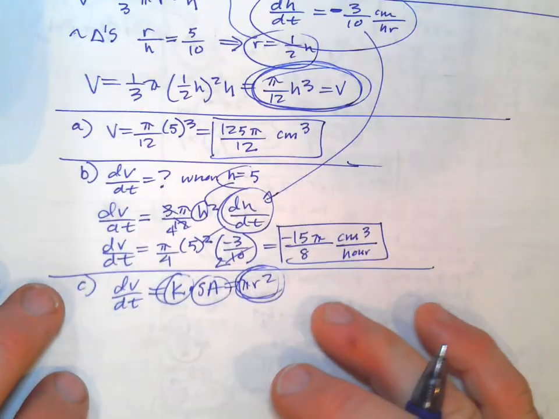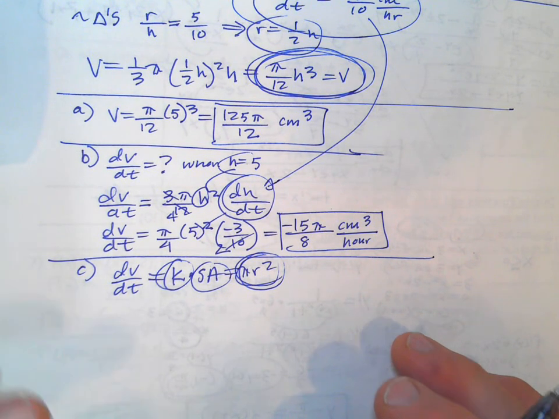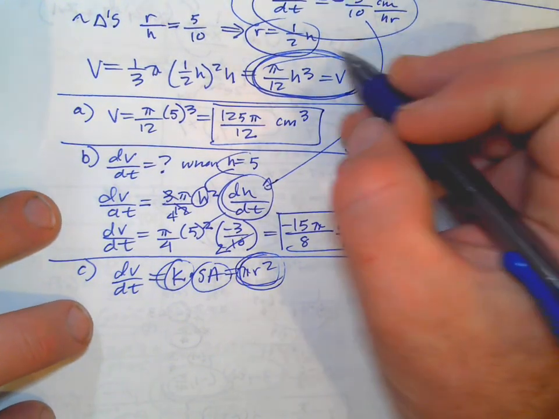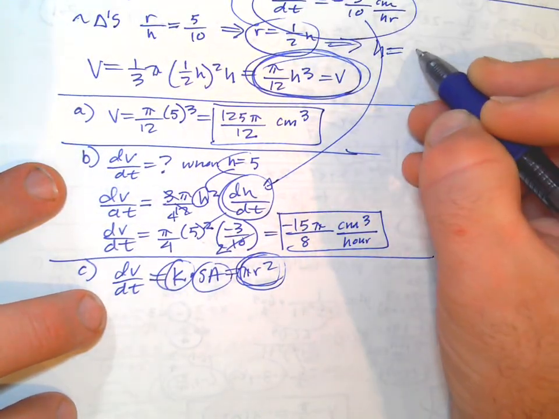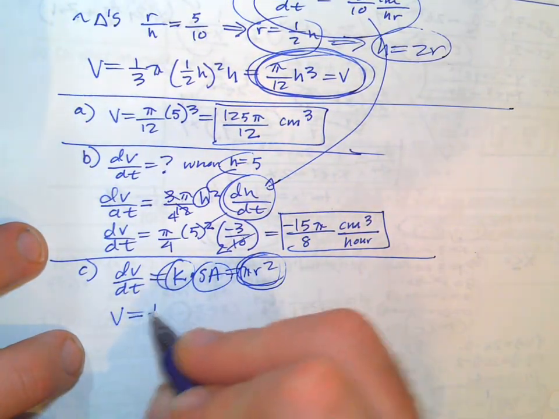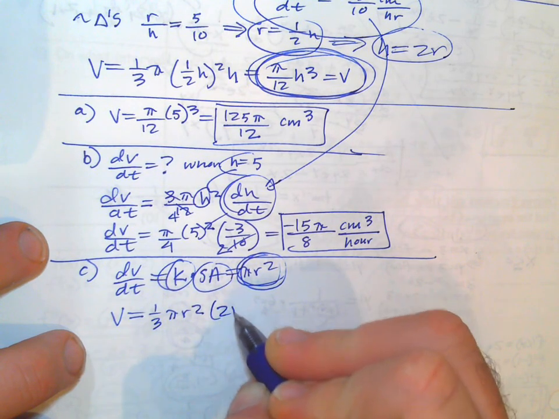So the fact that we want r means it might be helpful to get our equation in purely r instead of purely h. So if r equals 1/2 h, then h equals 2r. I'm going to rewrite my volume formula. Volume equals 1/3 pi r squared, and replace the h with the 2r.